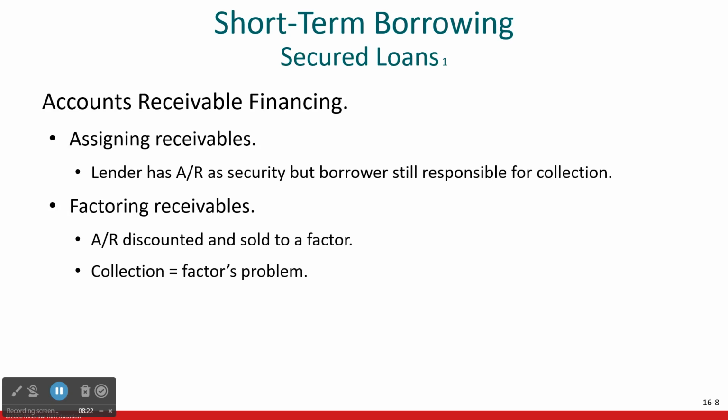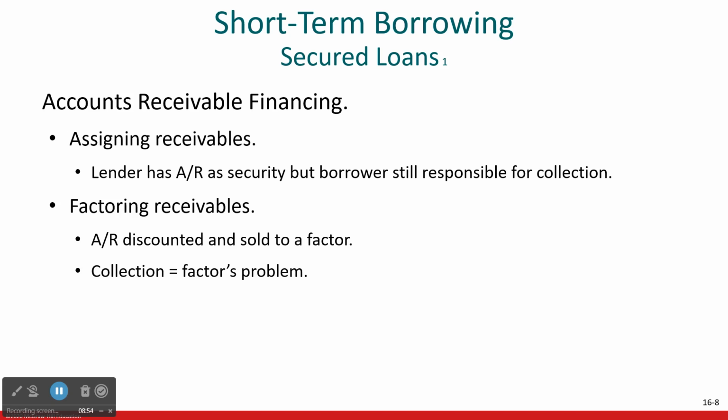We can actually use our receivables as collateral for financing. There are some industries that this is very common, and so if you end up working in one of those industries, that's something to consider. However, it always gives me heartburn. But what we see here is we set up the accounts receivable as a collateral, but that just shows how important it is to make sure that we collect.